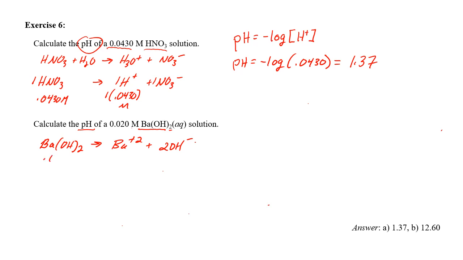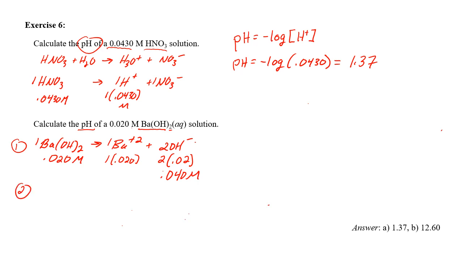If the barium hydroxide solution is 0.02 molar, we're going to look at the coefficients, then the barium ion concentration is 1 times 0.02, and your hydroxide ion concentration is going to be 2 times 0.02, which is 0.04 molar. All right, that's step 1. Find the hydroxide ion concentration.